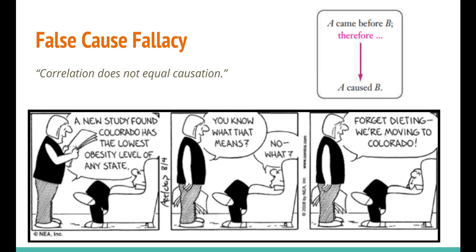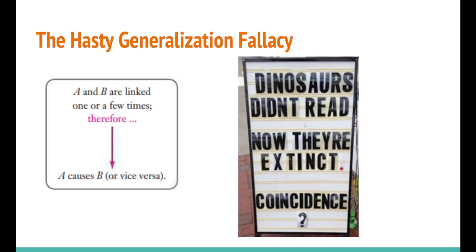Okay, false cause fallacy. The hasty generalization fallacy, it's actually really similar. Sometimes it's hard to distinguish these two. But let's take a look at this one. This one says dinosaurs didn't read, now they're extinct. Coincidence? So as we break this guy down, the premises are that dinosaurs don't read, fact.